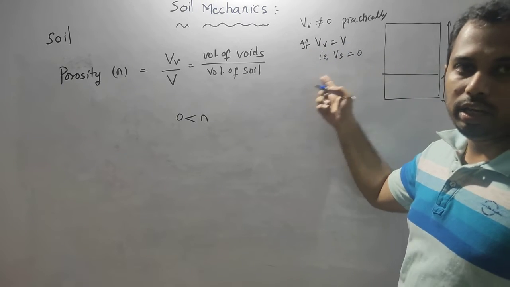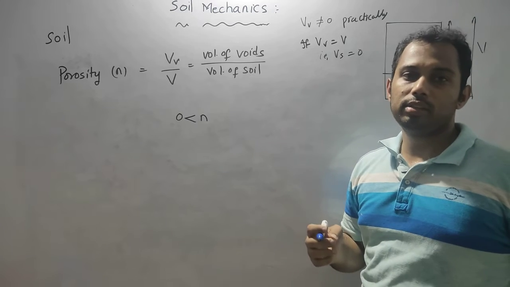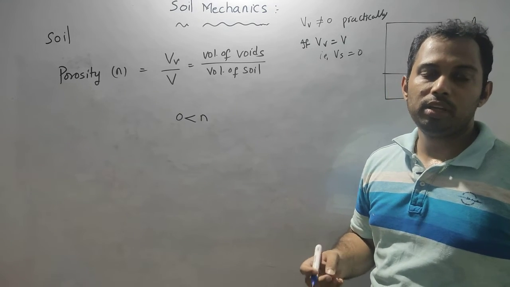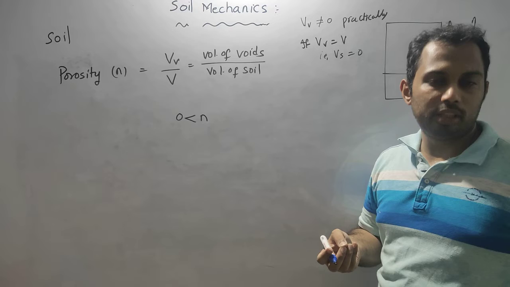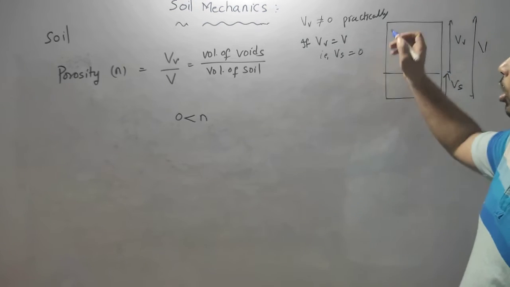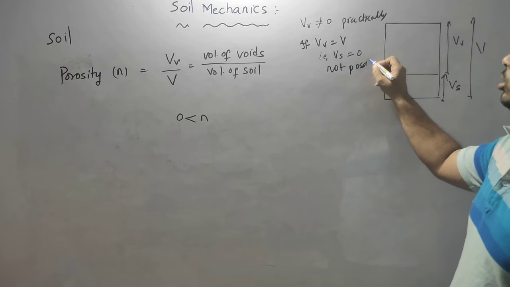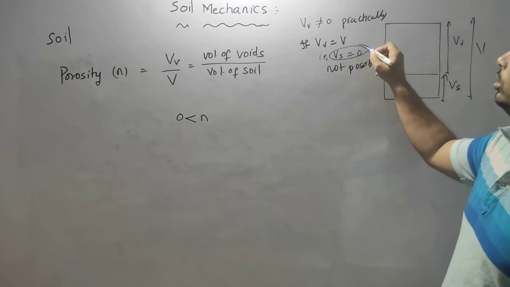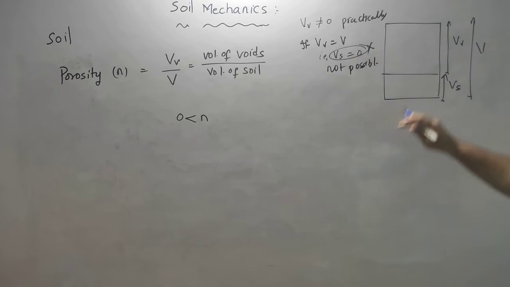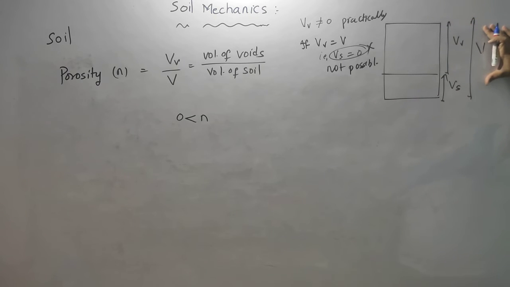Is it really possible? Without the solid particles, can we say that it is a soil? No. So it is not possible. So Vs equal to 0 is not possible at all. So Vv cannot become V. Vv in any condition cannot equal V.